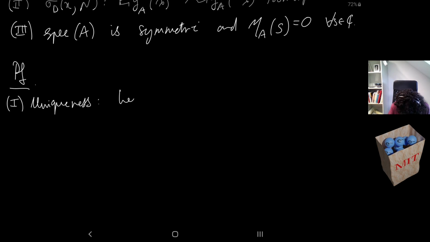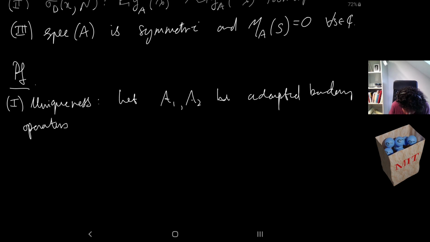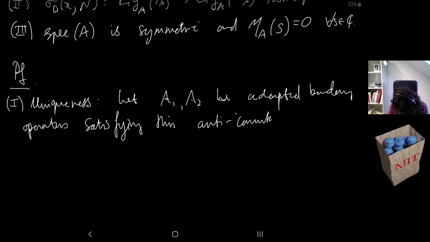So let A1, A2 be adapted boundary operators satisfying this commutativity or anti-commutativity condition.